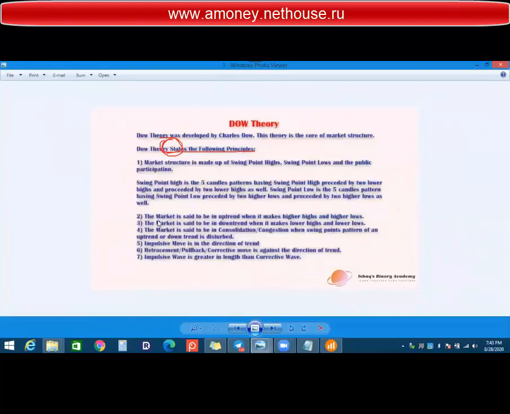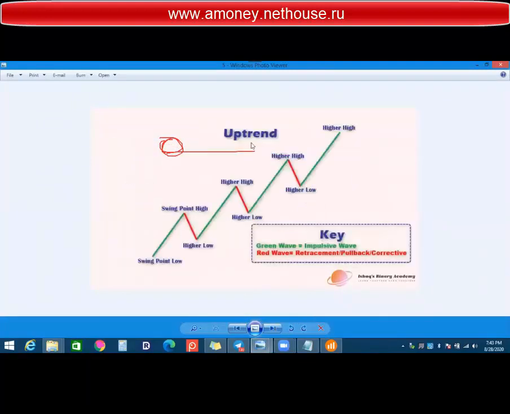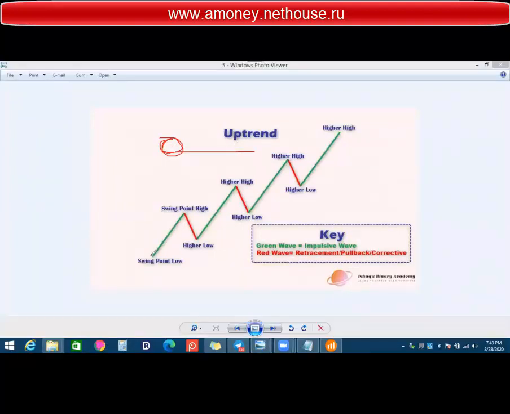His second concept is that the market is said to be in an uptrend when it makes higher highs and higher lows. How can we understand higher highs and higher lows? This is an example of an uptrend. Look, this is a swing point low. It means before this there was a low point, the sellers were there, and this is the low point.